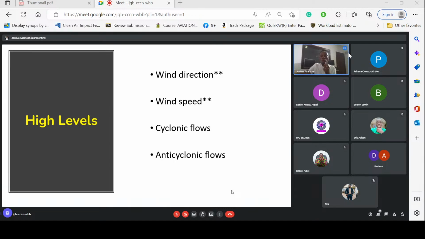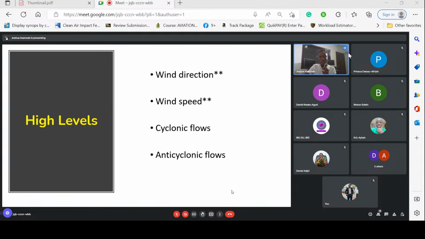But you'd also want to link this with the higher levels. And so what is happening at the lower and mid levels should be linked with what is happening at the higher levels in order to make a prediction. Because if you treat them separately and you see anticyclonic flow at the high levels of the atmosphere, you might think that it will aid cloud formation or precipitation.